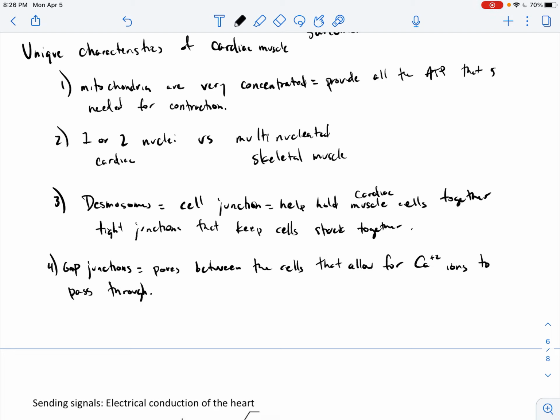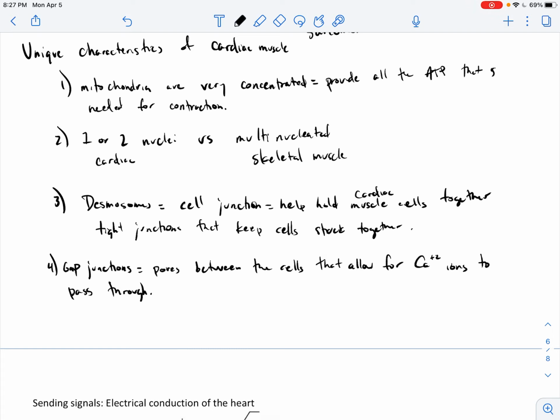Remember the role that calcium ions play in contraction. They allow the tropomyosin to move out of the way so that the myosin heads can bind to the actin filaments.